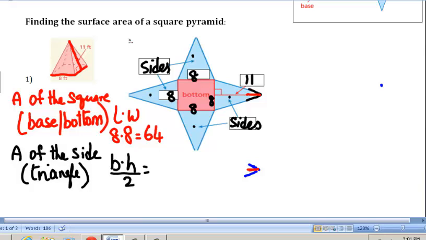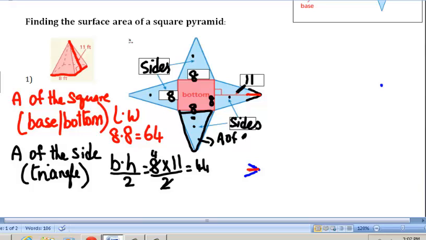In this case, base is 8 times height is 11, divided by 2. So 2 goes once, 2 goes 4 times. Our answer is 44. So the area of each of these triangles is 44.